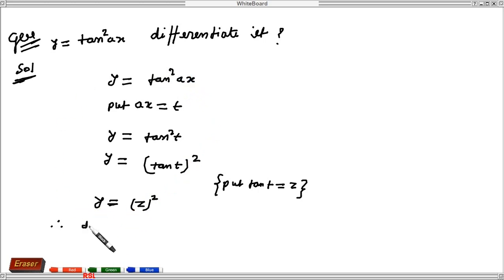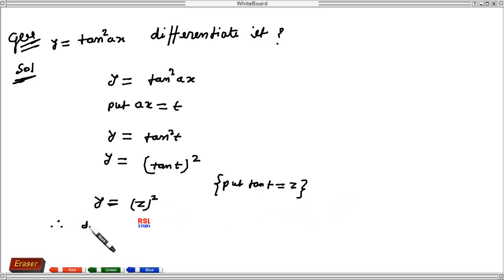Now feel, once again I am saying, feel that this is x square. If this is x square, differentiation of x square will be very simple. Recall the formula, d/dx of x power n is n times x power n minus 1.